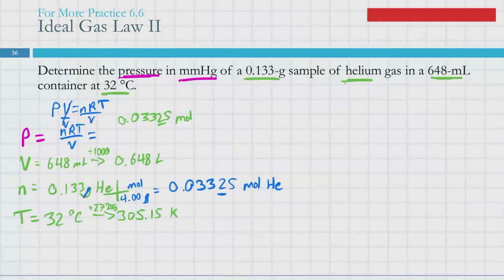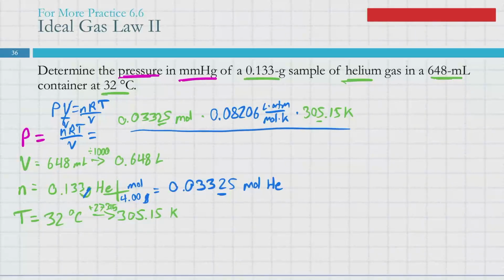Our 0.03 moles times our R value, with all of its units, times our temperature, and divide that all by our volume, 0.648 liters.